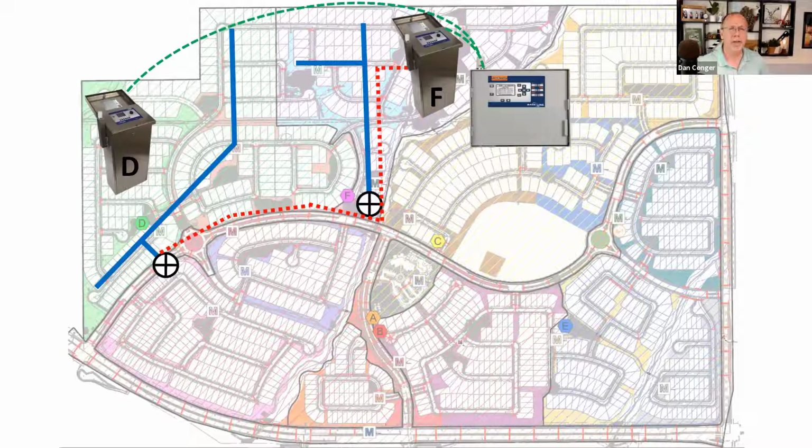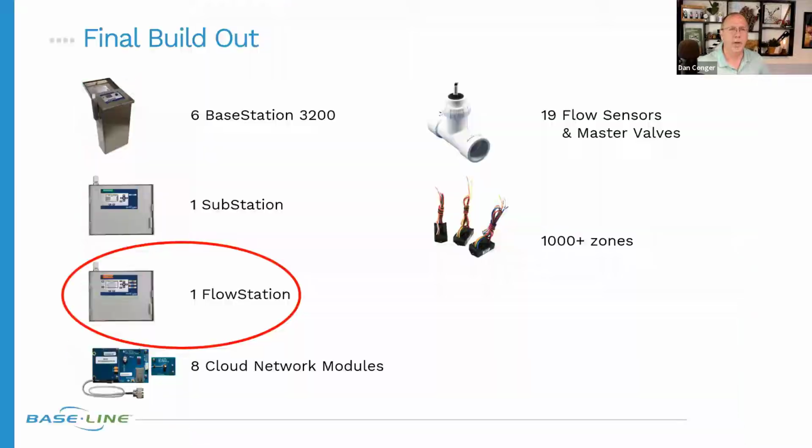This was kind of an interesting use for it, but what are some other, maybe more common ways we'd use a flow station that crosses over? Well, I think the one that I commonly would run into is multiple controllers sharing one water source. And that's kind of what's going on here: we have multiple controllers sharing multiple water sources.